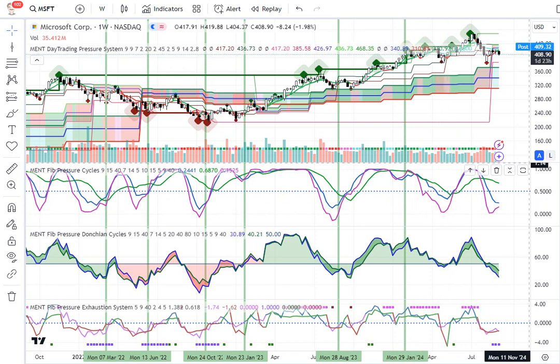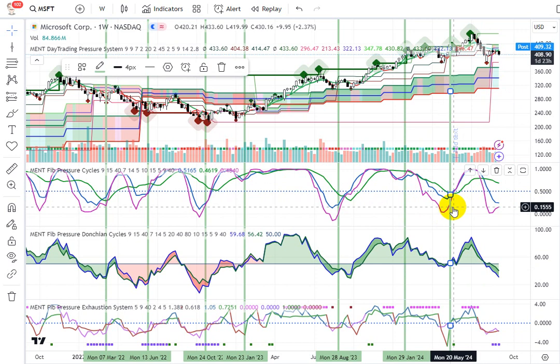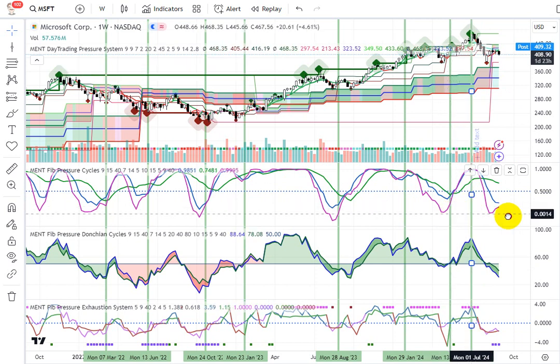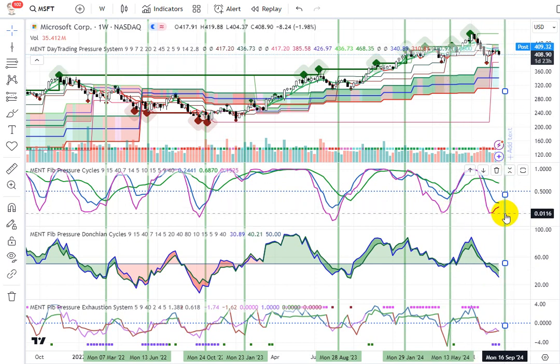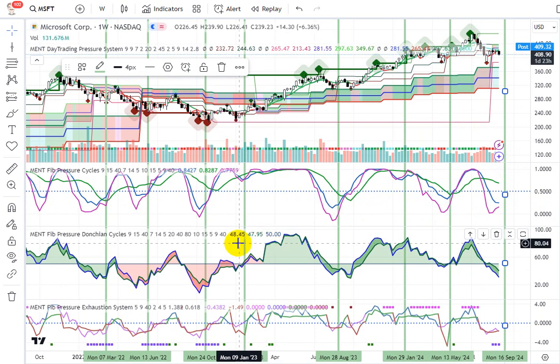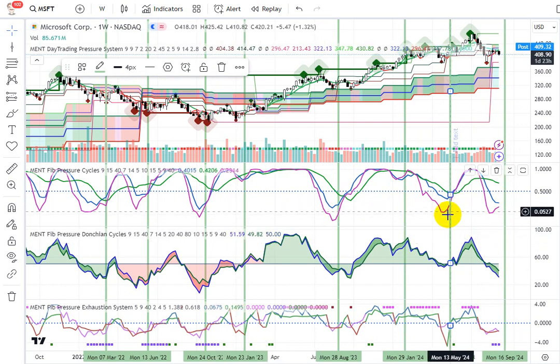Come on, mouse. And it looks like we're getting close to a cycle low back over here. And again, cycle high. So here we go.